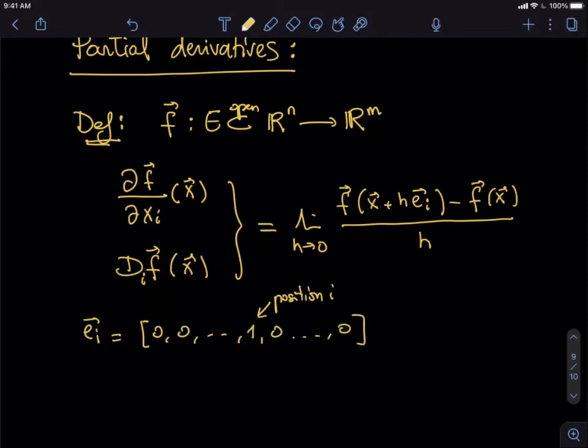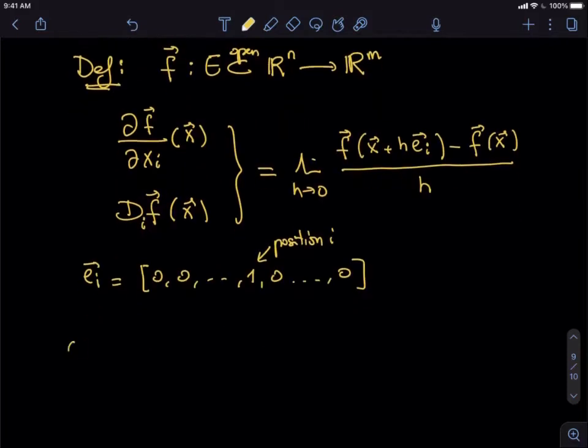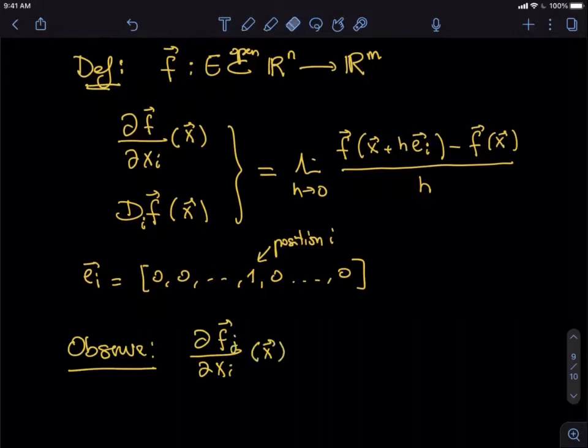All right, so here something we need to observe is that the partial derivative of f at xi, okay, the jth coordinate actually at the point x, we can take out the vector. You see here what I'm doing? I'm writing the jth coordinate.